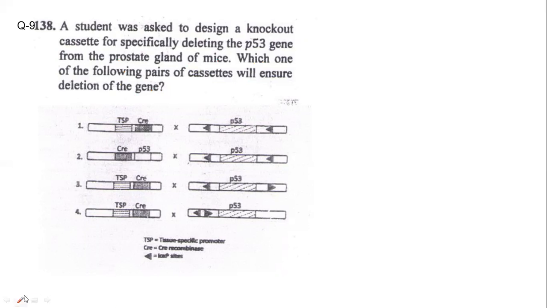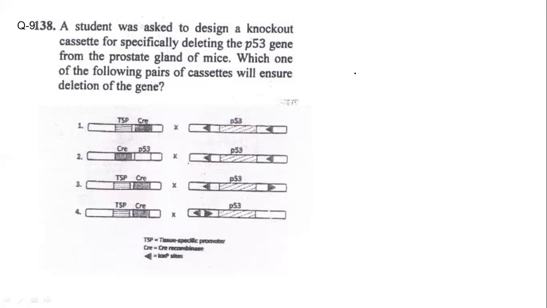Now, suppose you are performing an experiment working with prostate cancer, and you have to delete the P53 gene from the prostate gland of mice. You have to design the experiment to delete the gene.